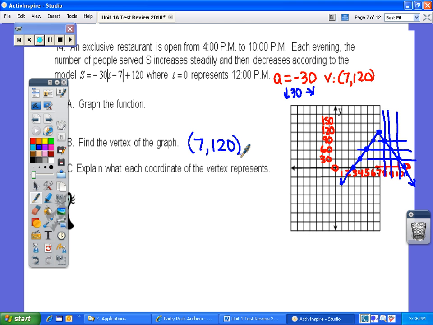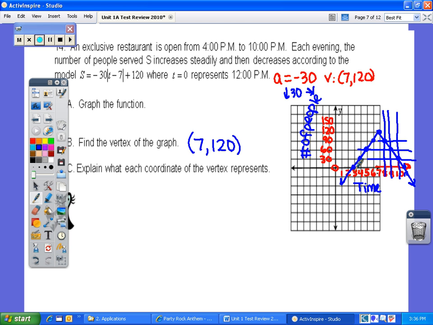Remember, this area here represents the time that people go to the restaurant, and this part right here represents the number of people that are in the restaurant. So if I'm going to the restaurant and as I'm going, each time it increases with the amount of people.